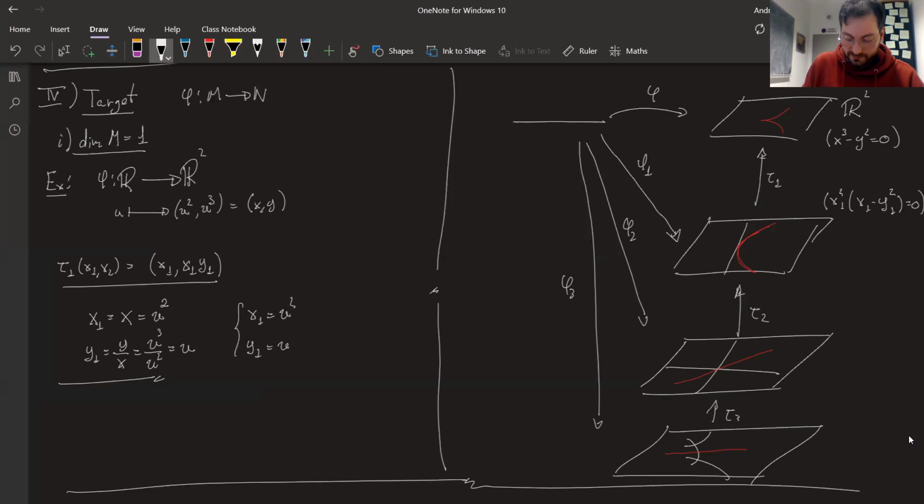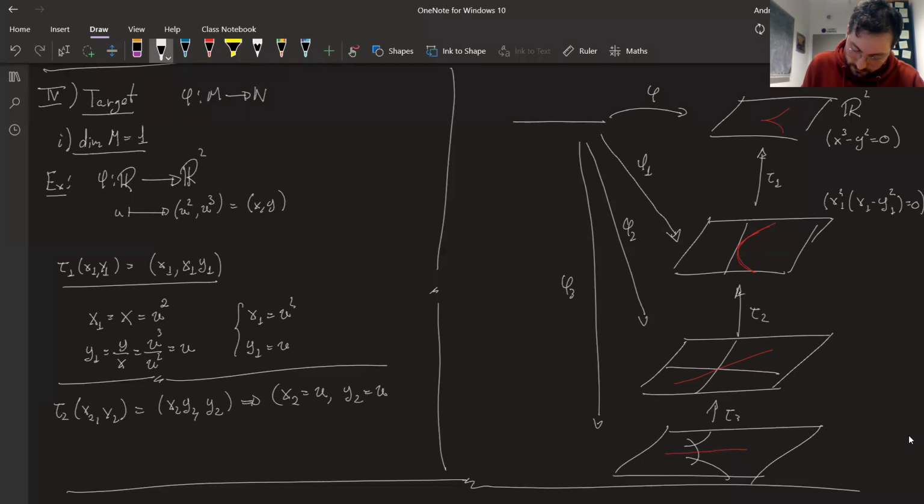So let's look at what happens with the morphism. We take theta 2. Oh, I think I made a mistake here. I wanted this to be y1. Hopefully this is not confusing. Equals x2, y2, y2. Then we get that the new morphism here is given by x2 equal to u, y2 equal to u.